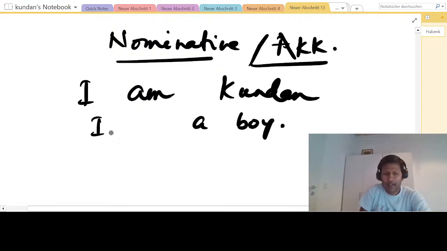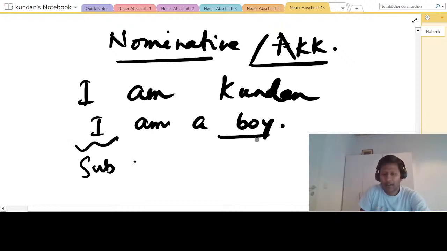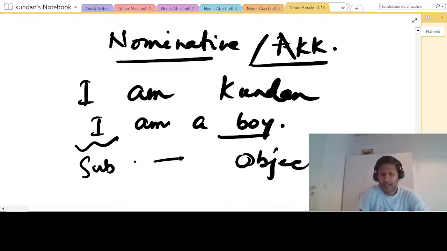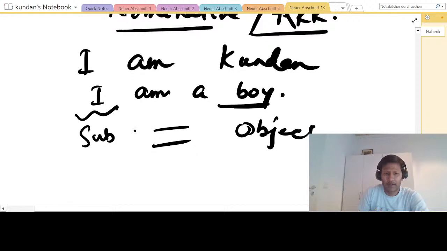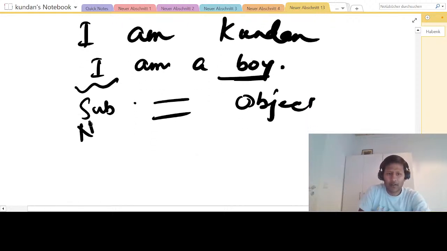What is the subject? This is the subject. And what is the object? This is the object, right? So when the subject is the object, then you don't have to worry. This is nominative. When I ask who is the boy, it means I am the boy, no one else. So this is called nominative, and this subject is nominative.